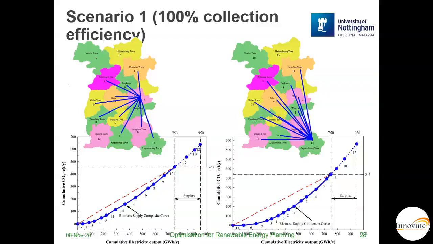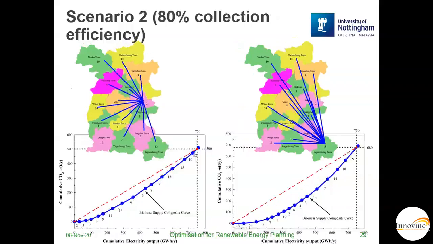So, in the beginning, when we started this analysis by assuming 100% collection efficiency, obviously we can achieve the targeted biomass requirement. Then the local authorities realized that 100% collection efficiency is just too optimistic. They are looking into 80% collection efficiency in 2 years, and this was the resulting situation.